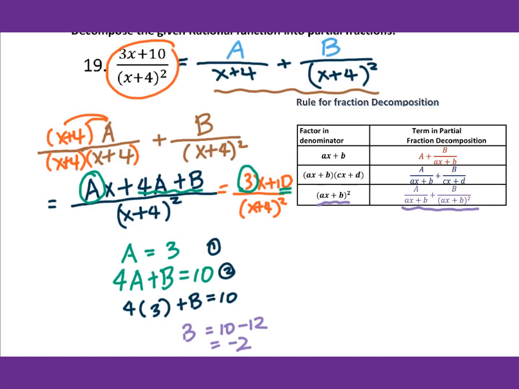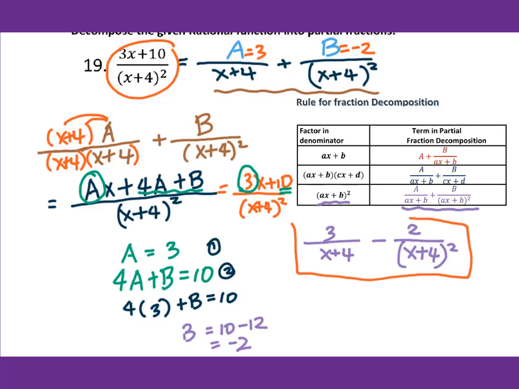Now we have a equals 3 and b equals negative 2. Then the final answer will be 3 over x plus 4. For this negative 2, I can put the negative sign before this fraction. That is minus 2 over x plus 4 squared. This will be the final answer.